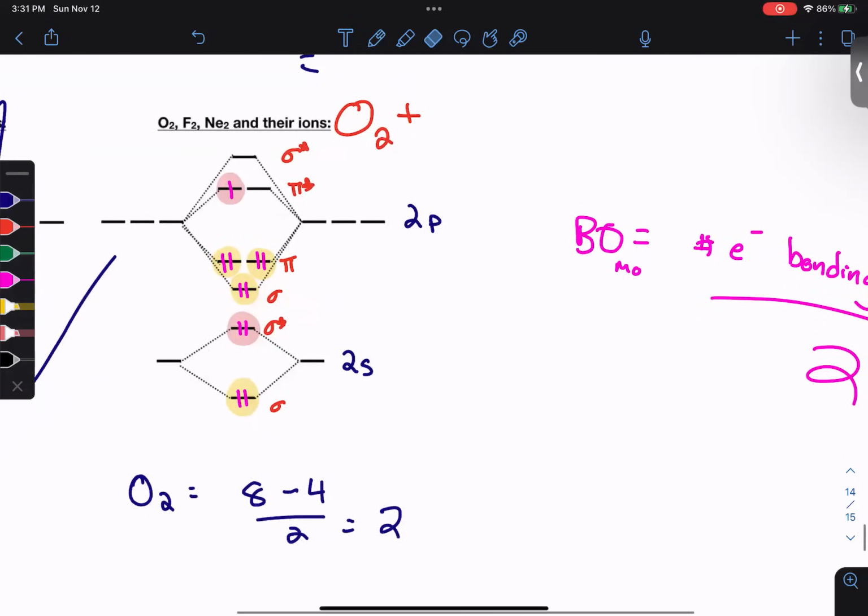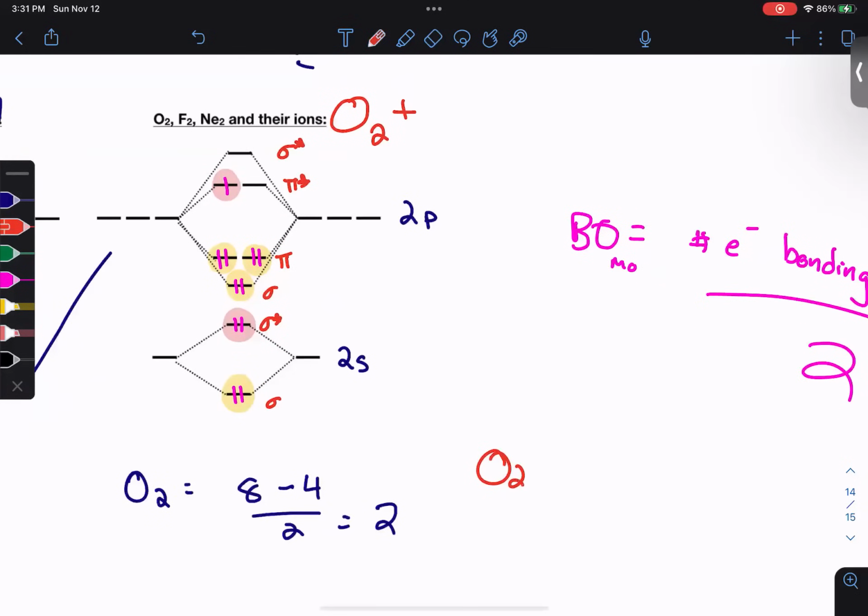An antibonding orbital. So for O2 plus, the bond order calculation is 8 minus 3, because we removed an antibonding electron. Removing an electron from an antibonding orbital actually strengthens the bond, because now the bond order is 2.5.